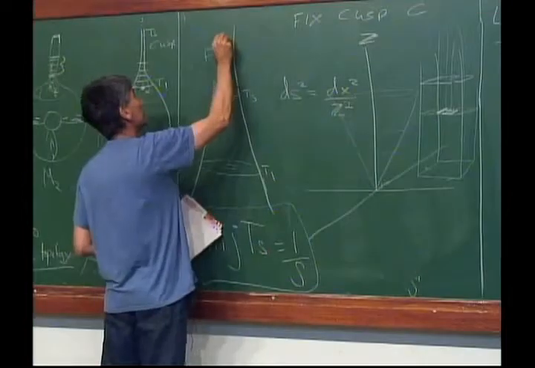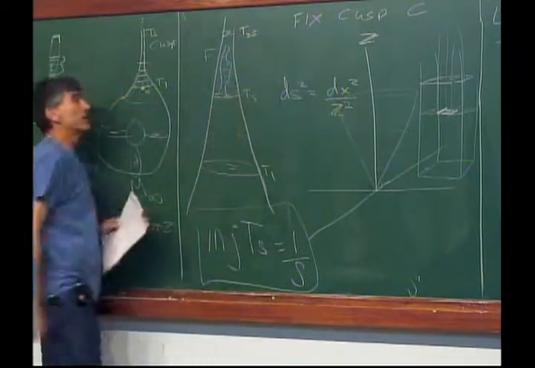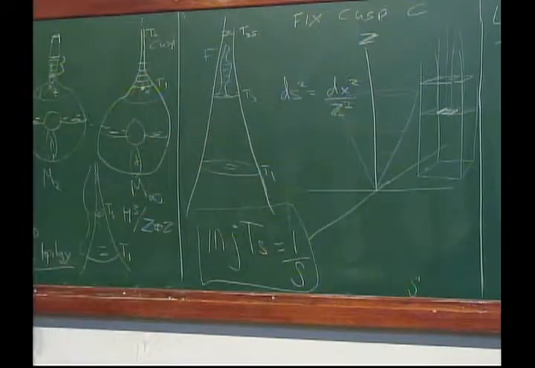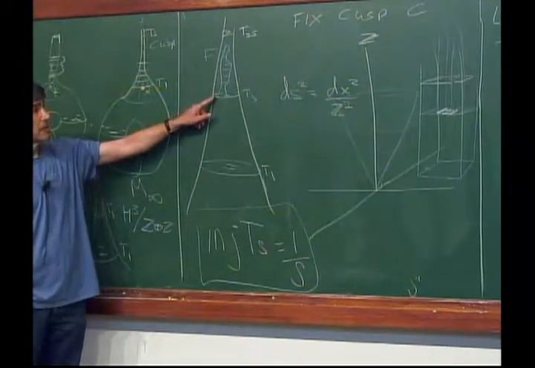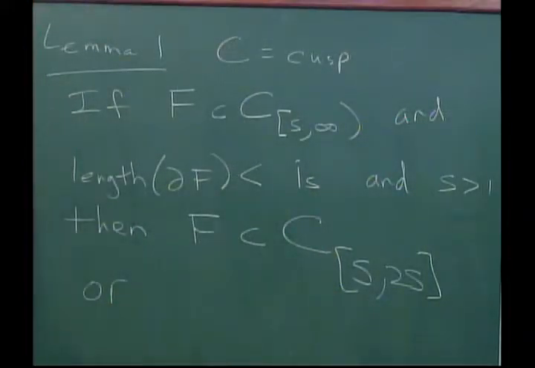So you can go out to here, where the torus has injectivity radius 1 over 2s instead of 1 over s, and this surface will be contained in here. I'm not assuming this is a minimal surface. This is just an arbitrary surface.